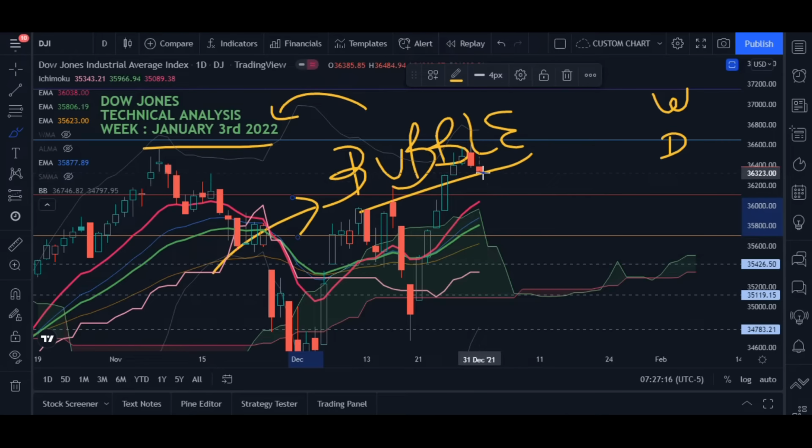So we are expecting this particular year 2022, probably in the last leg of the first quarter, or somewhere around the mid of the second quarter, the market will come down. Market will correct itself.